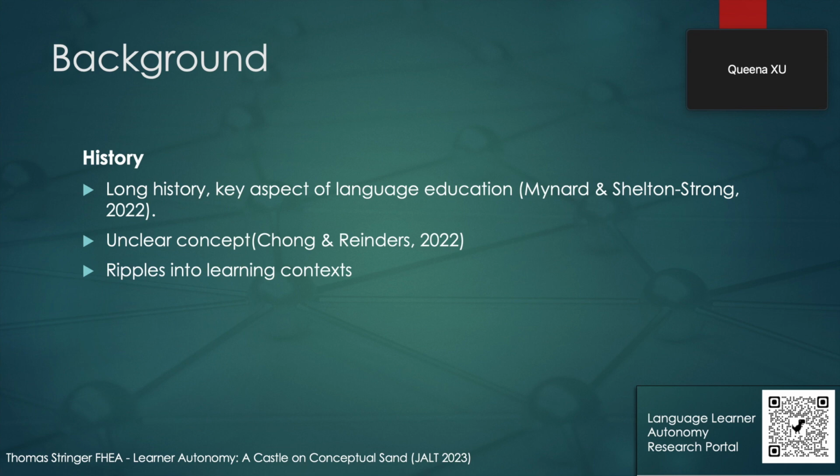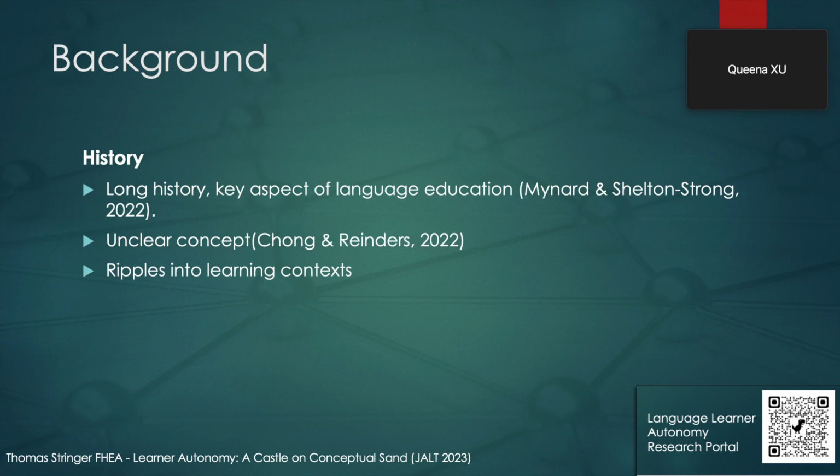Now, part of the impact of this long history is that the concept has become so diverse and it's been applied in so many different situations and cases that it's become somewhat diffuse and hard to pin down exactly what it is.